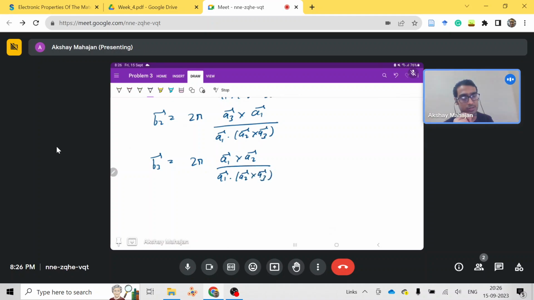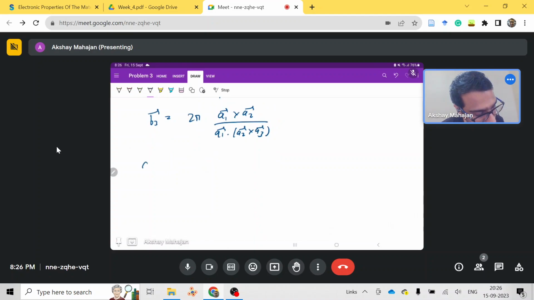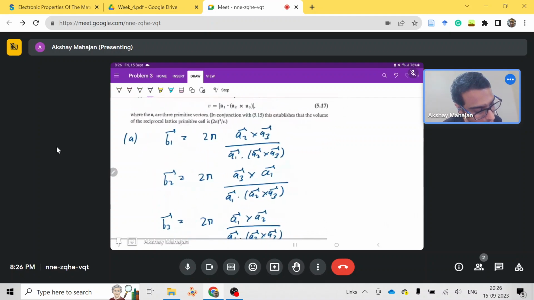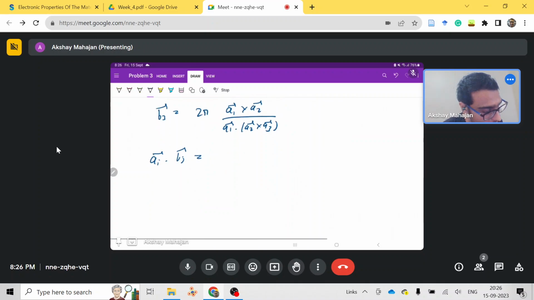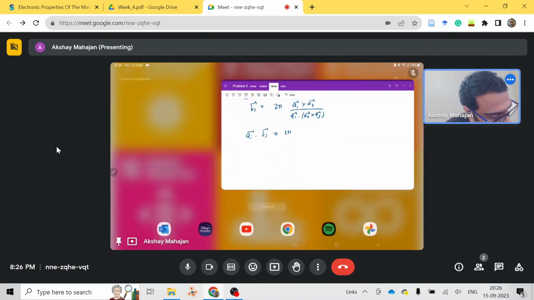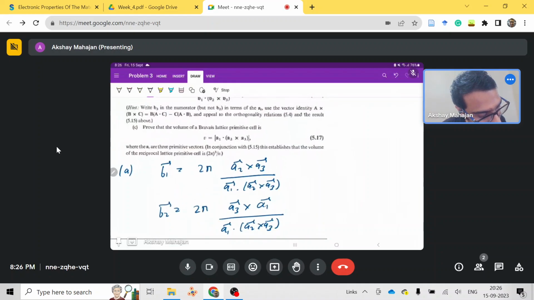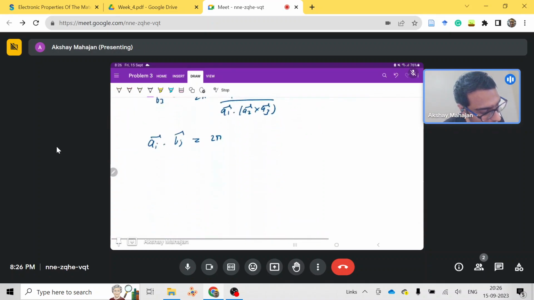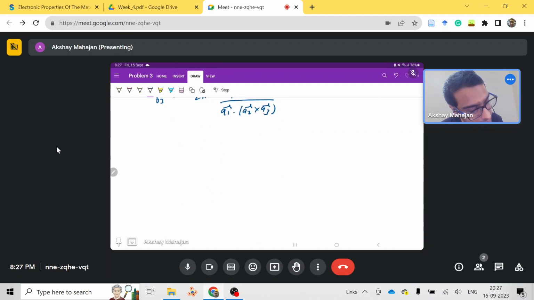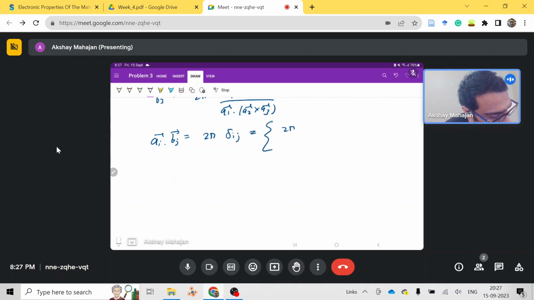So these are the formulas that we all know, and we should also remember that a_i vector dot b_j vector gives 2 pi times delta of ij, which is basically the canonical delta.